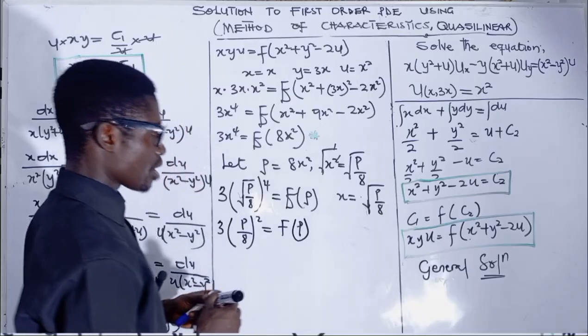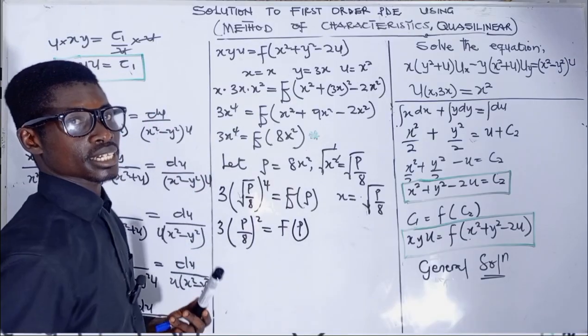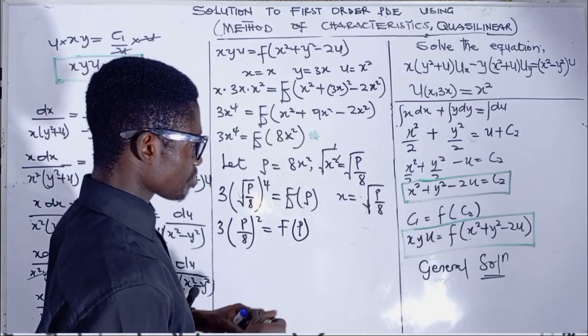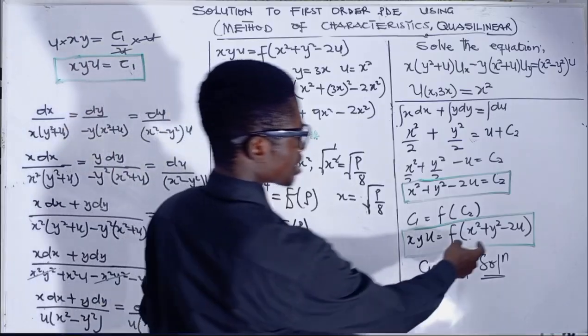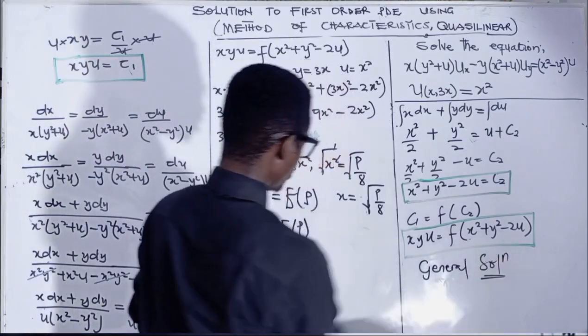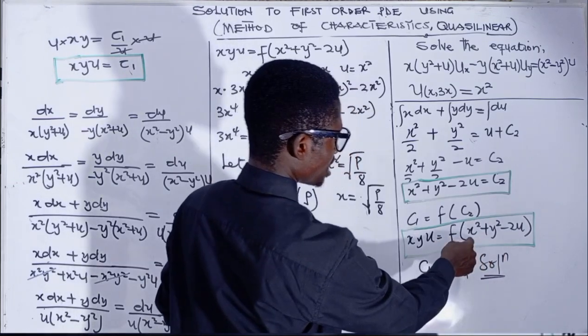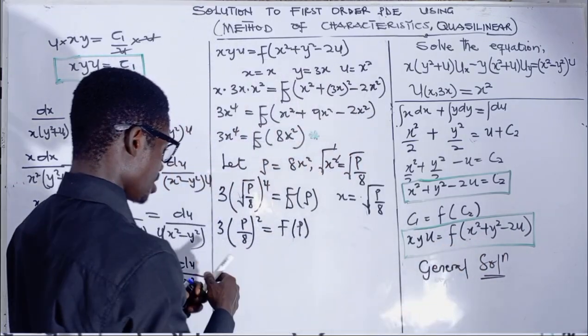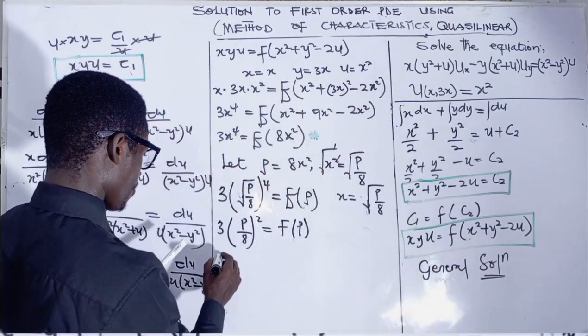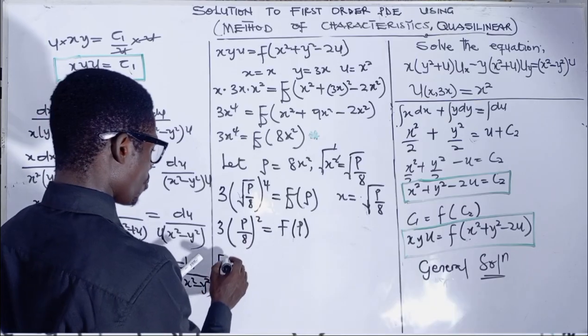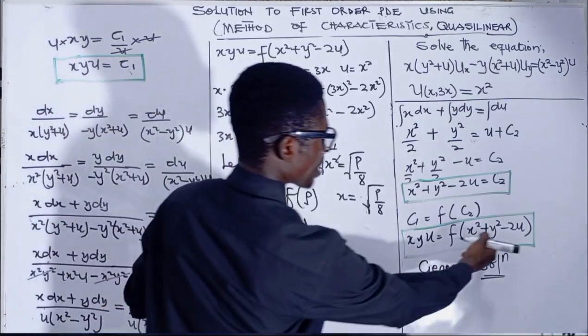So at this point, what we are going to do is go back to the general solution, and then we pick what is in the function of the general solution to replace p. So we are going to have f of, we said our p, we are picking what is in the function.